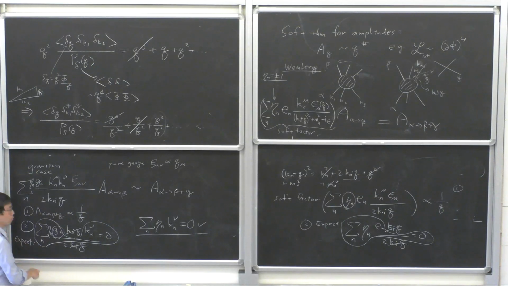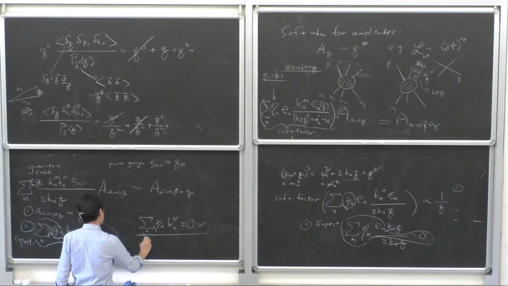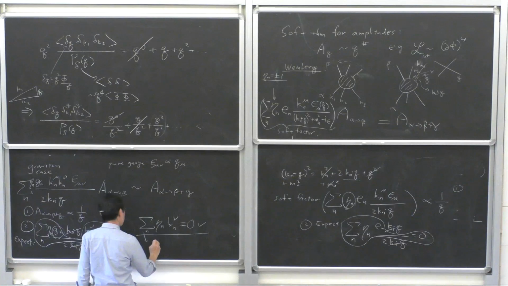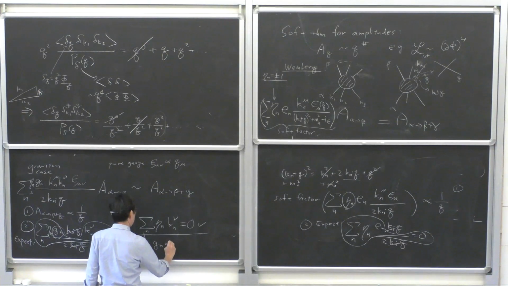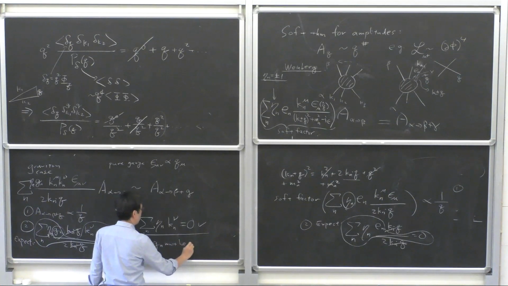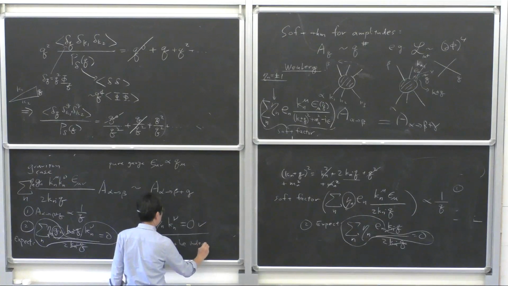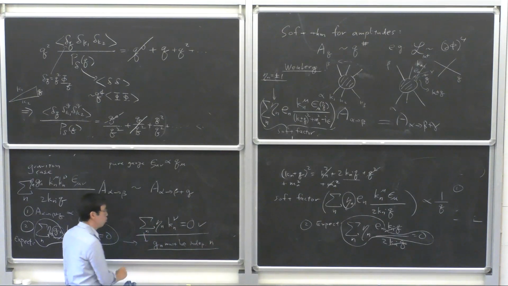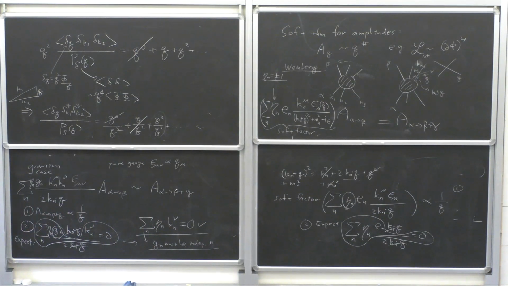Yes? And so you say, combining these two observations, Gn must be independent of n. So he proved the equivalence principle, that the coupling to the graviton has to be universal for any particle you want.